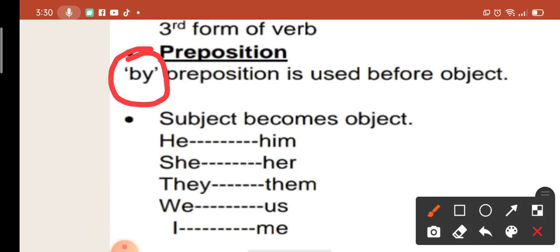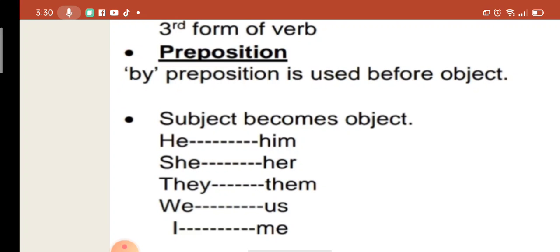And then comes the last rule. Subject becomes object. So if your subject is he, it will become him. She becomes her. They become them. We become us.